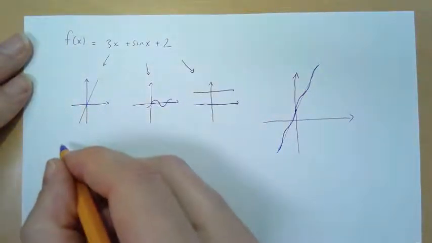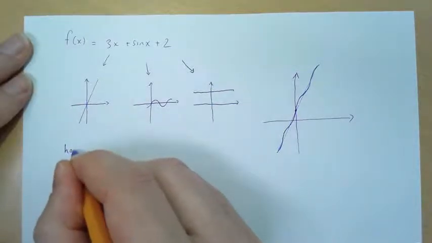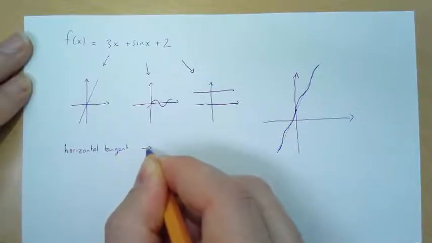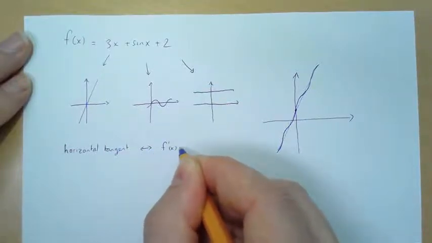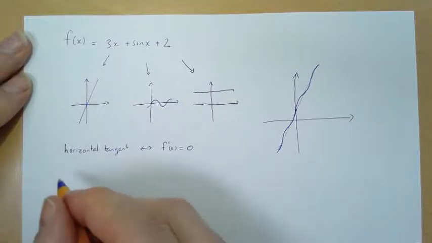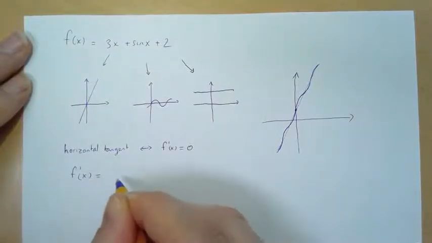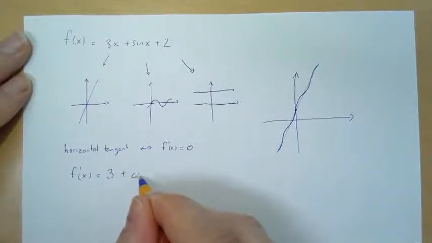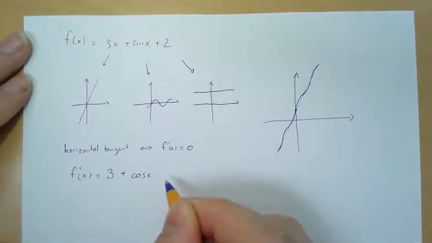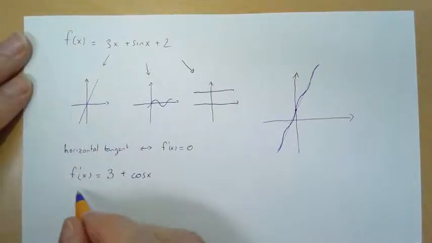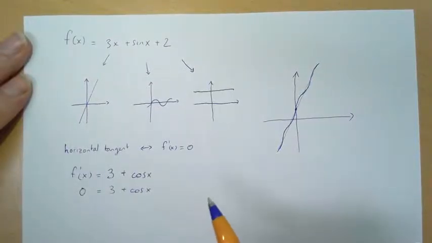How are we going to figure out whether there's a horizontal tangent line or not? We need to remember that a horizontal tangent line means that f prime of x equals 0, and vice versa. So if we calculate the derivative, the derivative of 3x is 3, the derivative of sine x is cosine x, the derivative of plus 2 is 0, and here I am with an expression f prime of x equals 3 plus cosine x, where I'm going to be wondering whether this is true or where it's true.